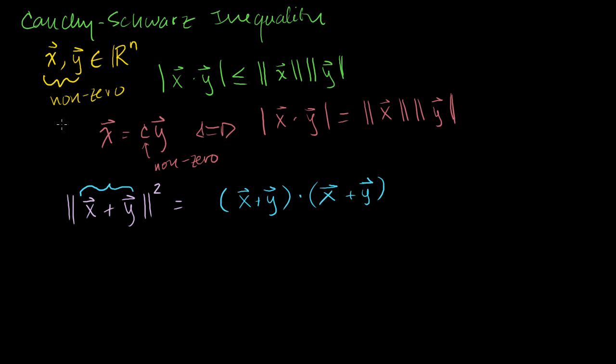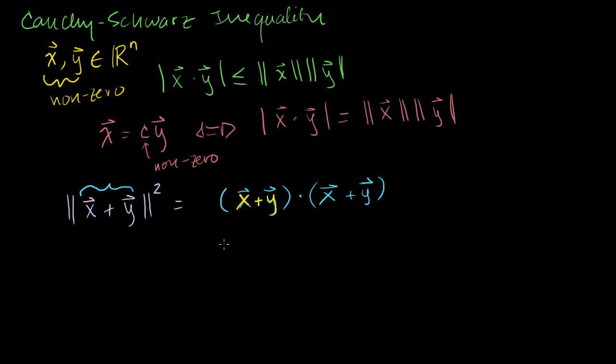So this can be rewritten as x dot x. Actually, let me write it as a distributive property, because that's sometimes not obvious to a lot of people. So let me write this x as a yellow x, and let me write this whole term as x plus y.